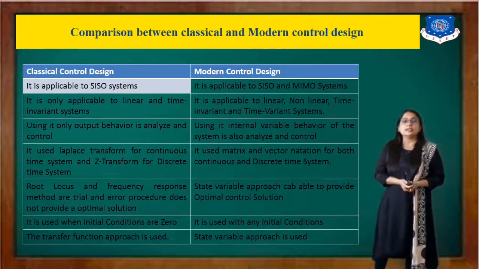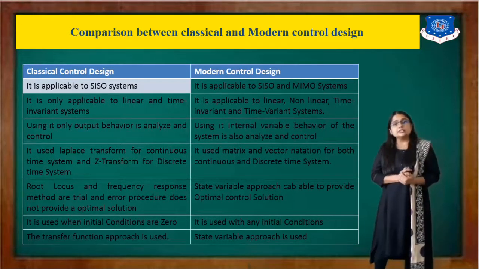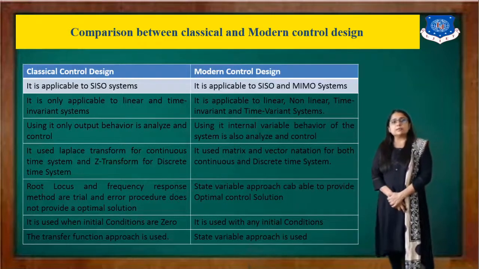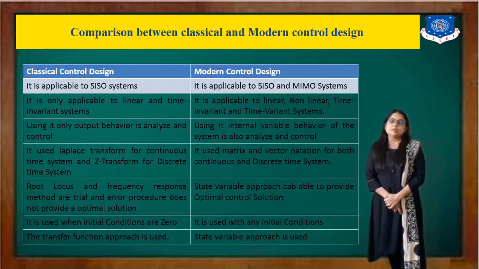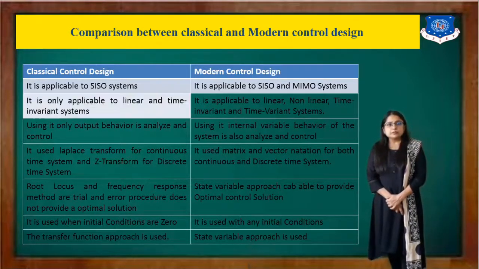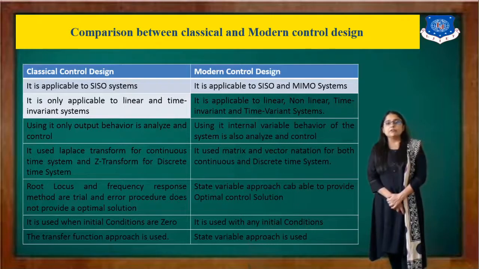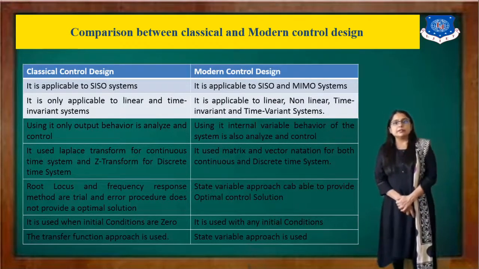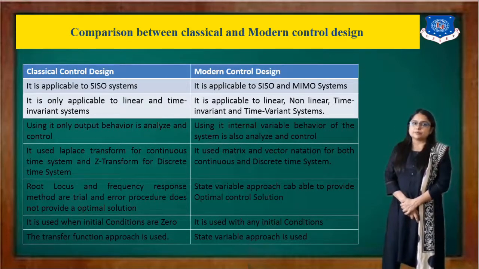Classical control design is applicable for SISO systems, that is single input, single output, whereas modern control is applicable to SISO as well as MIMO, that is multiple input, multiple output systems. Classical is applicable only for linear time invariant systems, whereas modern control design is applicable to linear, non-linear, time variant and time invariant systems.